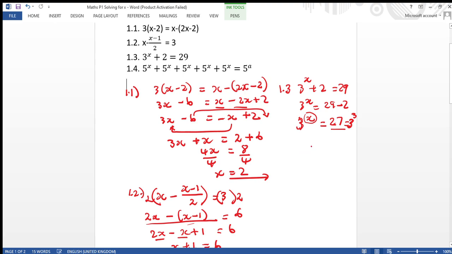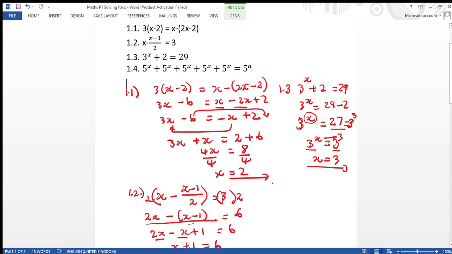Okay, so I hope you understand that. So now basically we have 3 to the power x is equal to 3 cubed. That means you can basically drop the 3's and then you'll be left with x is equal to 3. That's how you're going to solve question 1.3.